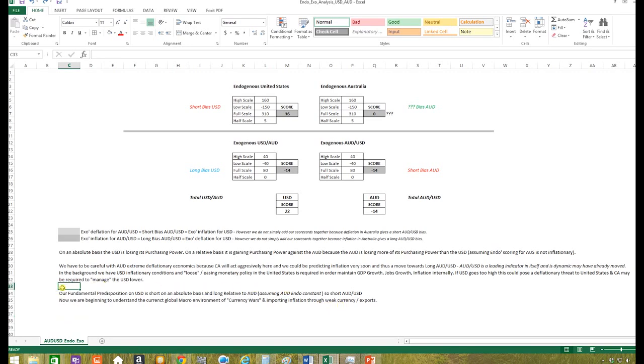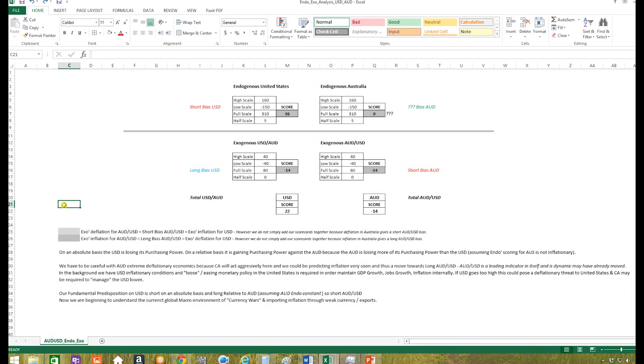So in the background overall, we have US dollar inflationary conditions and loose or easing monetary policy in the United States is going to be required in order to maintain GDP growth, jobs growth, and inflation internally.